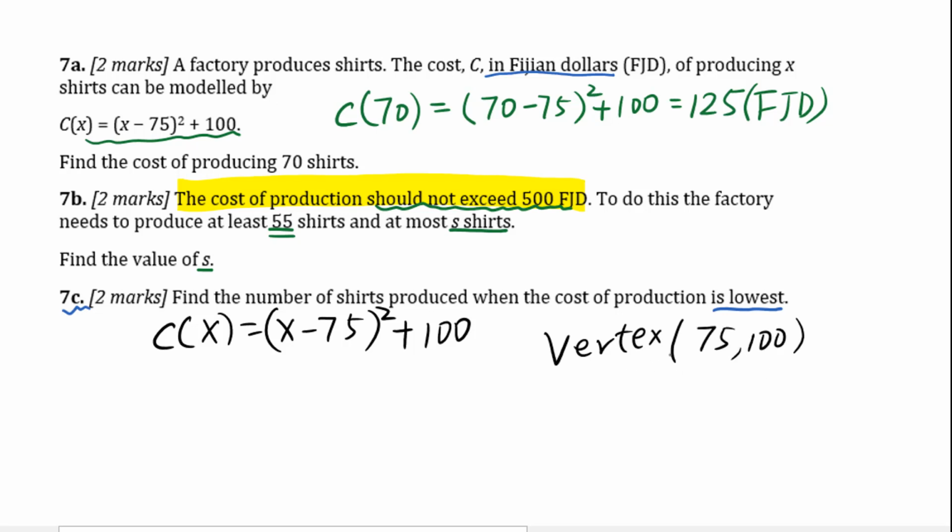In other words, when we produce 75 shirts, the cost of the production is the lowest. So x equals 75 shirts. This will be the solution.